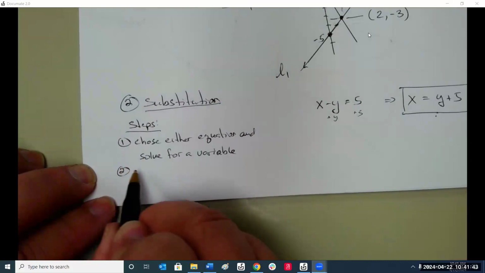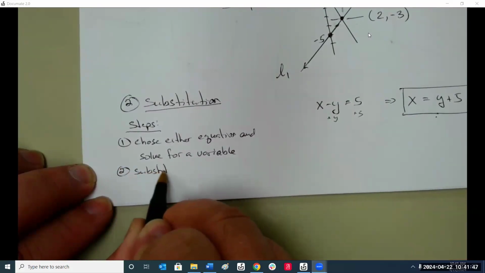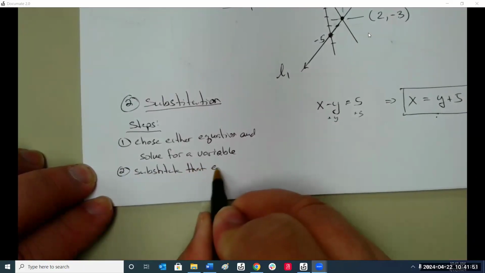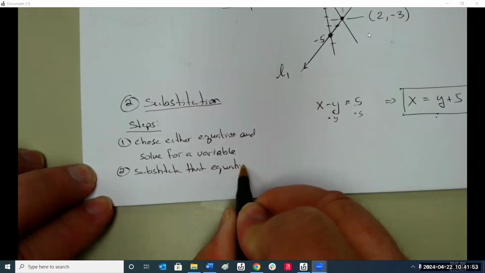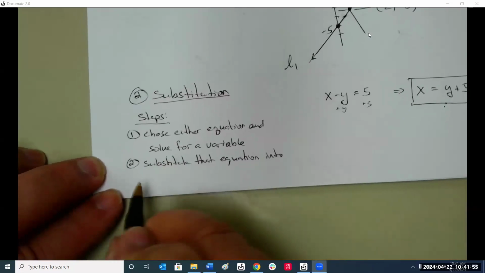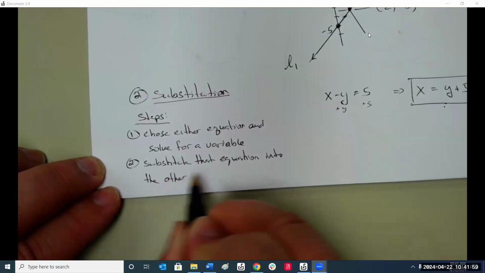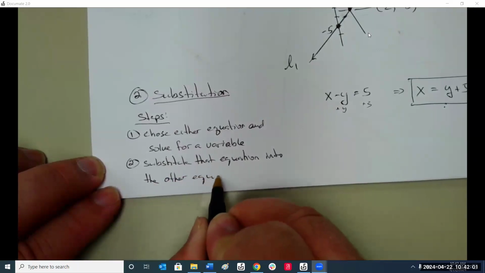Now, substitute that equation into the other equation that you didn't use.